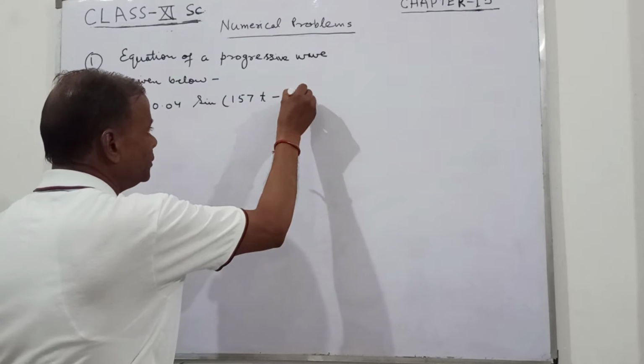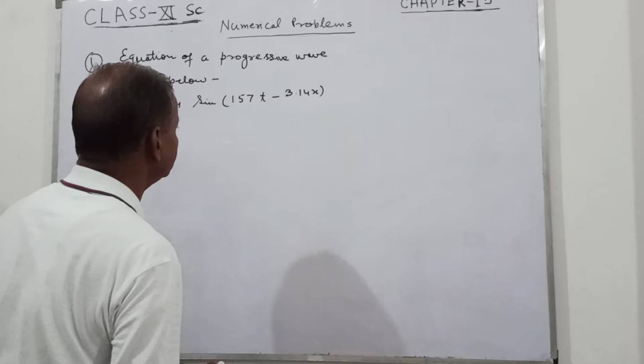Y equal to 0.04 sine (157 t minus 3.14 x).